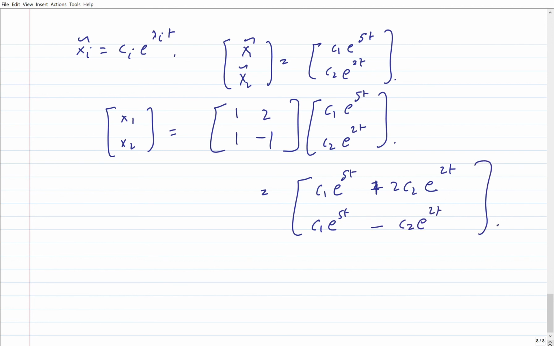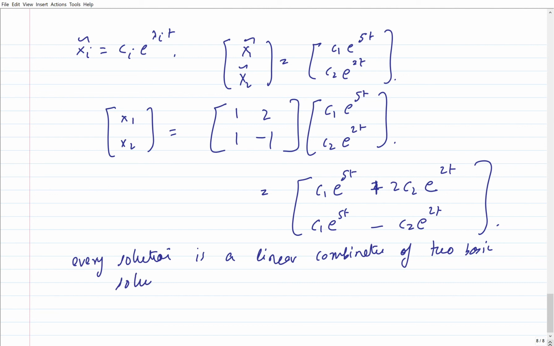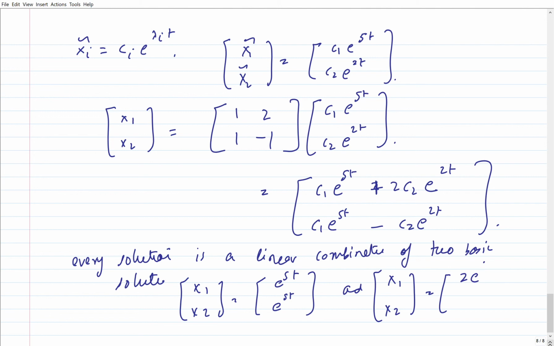So in other words, every solution is a linear combination of two basic solutions, x1 and x2, which are related to the respective eigenvectors and eigenvalues of the original matrix. So that essentially is the idea.